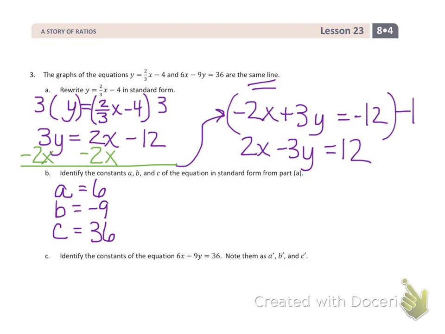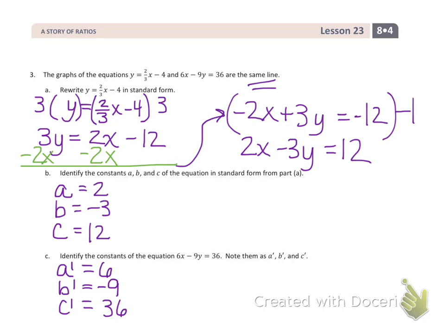Oh, never mind, they want the other one. Okay, so the standard form of the slope-intercept form will be our a, b, c. And so those were 2, negative 3, and 12. And then these other constants, a prime, b prime, c prime, are 6, negative 9, and 36.